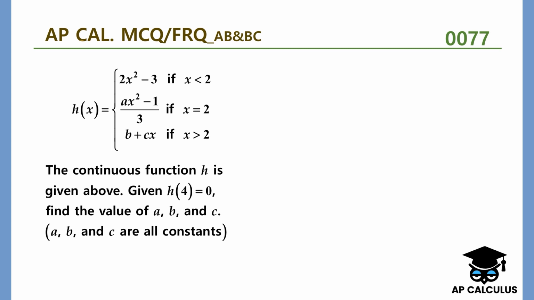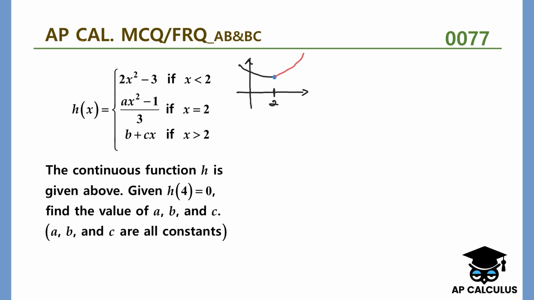So let's say we have this continuous function h. Let's say this is 2. And when x is less than 2, we have this function right here. And when x is equal to 2, we have this value right here. And when x is greater than 2, let's say we have this function right here. This function is continuous.